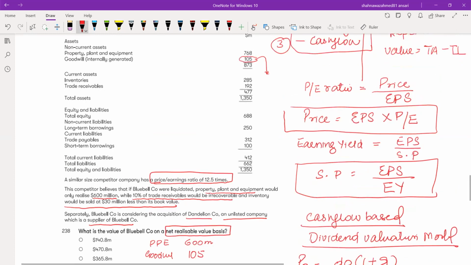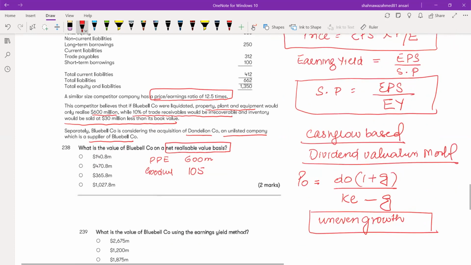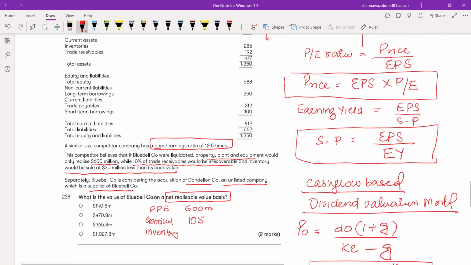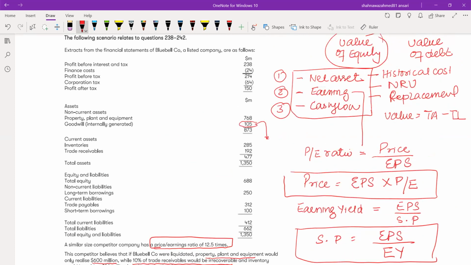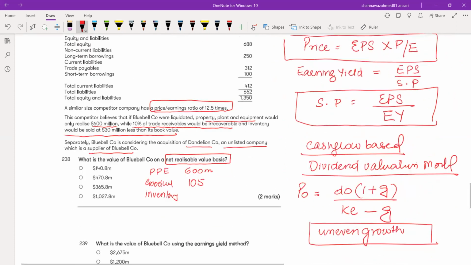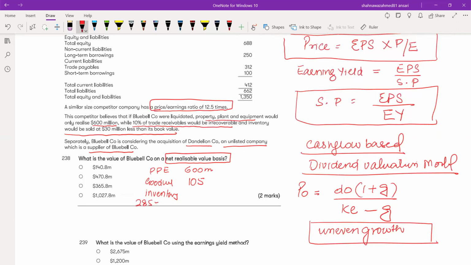Now the next item is inventory, which is 285 given, but the realizable value of inventory is 30 million less than its book value. So 285 minus 30, it's 265.